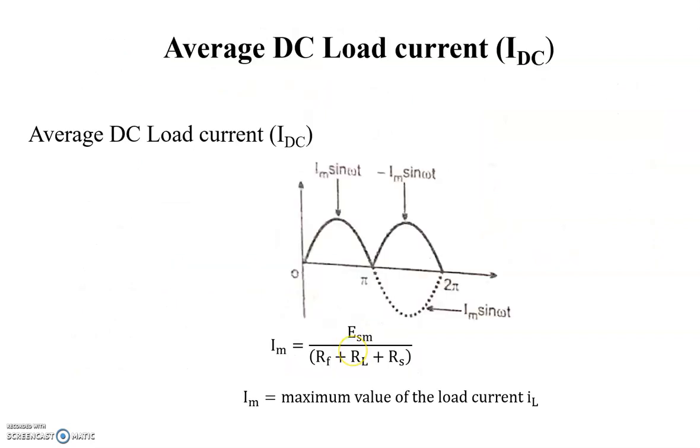Next, we will move on to the derivation of the average DC load current. How do we find the average value of DC load current? The average or DC value of alternating current is obtained by integration. To find the average value of an alternating waveform, we have to determine the area under the curve over 0 to 2 pi and then divide by the base 2 pi.